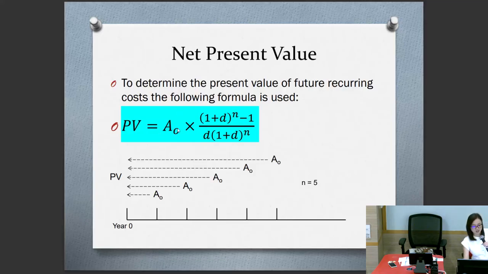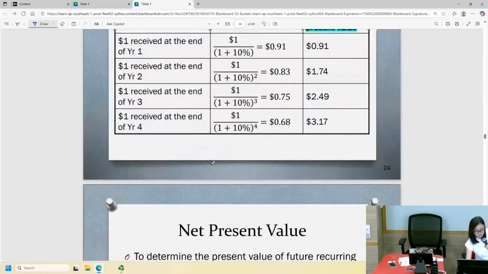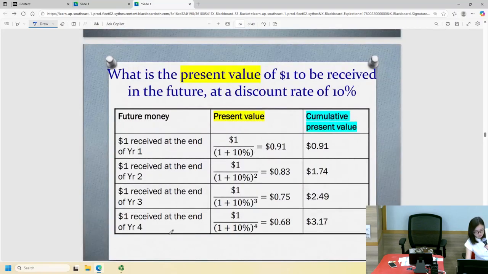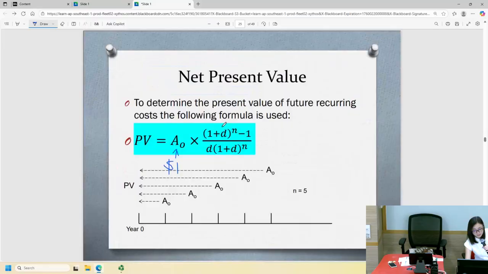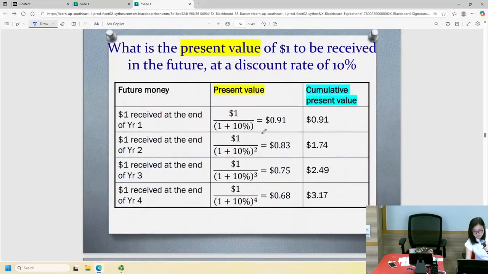So this A0 would be the amount that you receive every year, just like the $1 that we mentioned earlier. So this is just like the $1 that we receive in year 1, year 2, year 3, year 4. And then the discount rate is 10%.